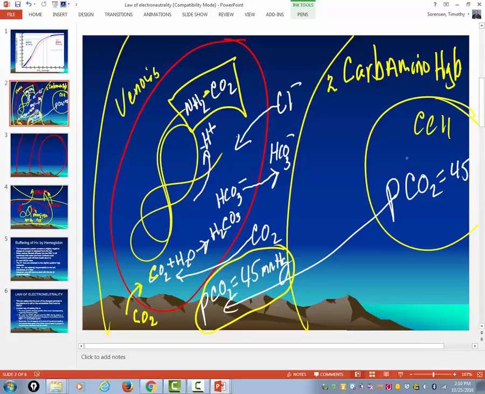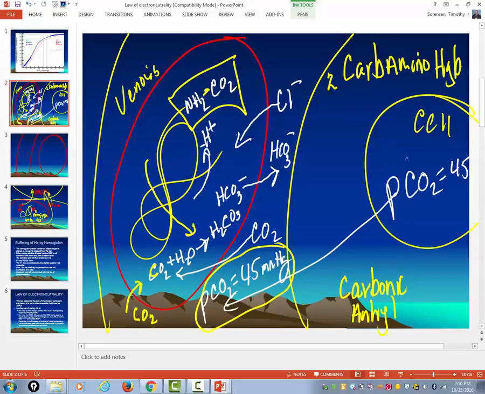Carbon dioxide will combine with water, and a red blood cell is loaded with an enzyme called carbonic anhydrase. Carbonic anhydrase takes CO2 and water and makes that chemical conversion into carbonic acid go faster.